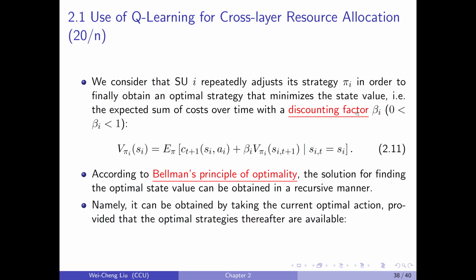Okay, discounting factor beta_i, where 0 is smaller than beta_i and beta_i is smaller than 1.